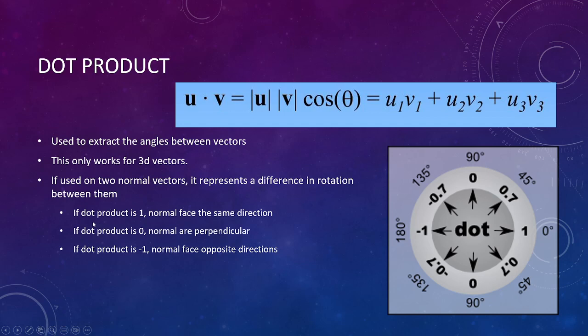So if the dot product is 1, they are essentially facing the same direction. If our dot product is 0, then the two normals are perpendicular, meaning they create a 90-degree angle. If the dot product is -1, they are facing opposite directions.